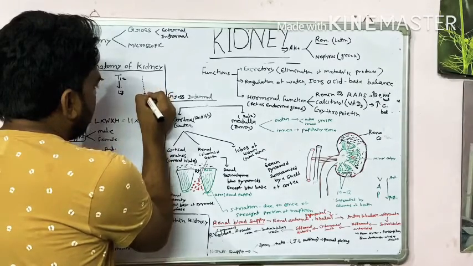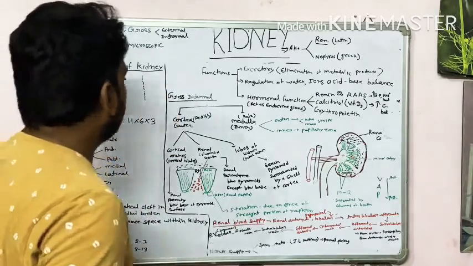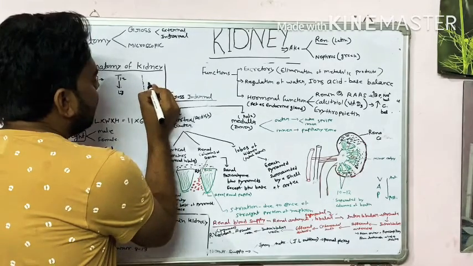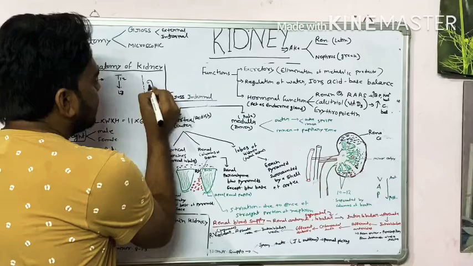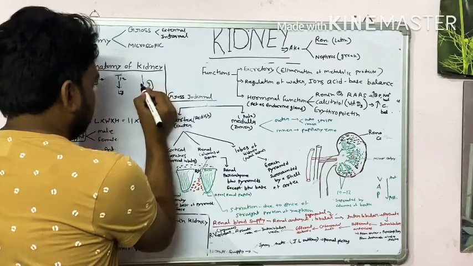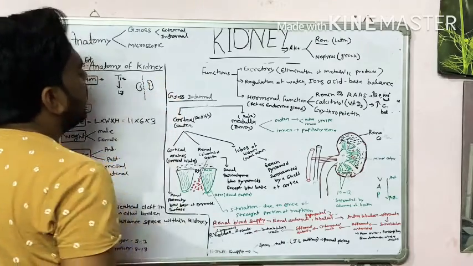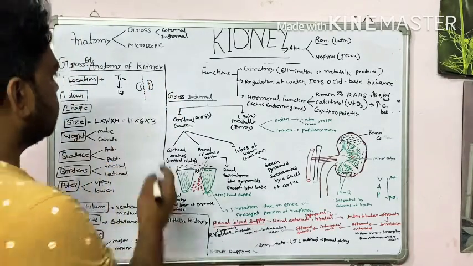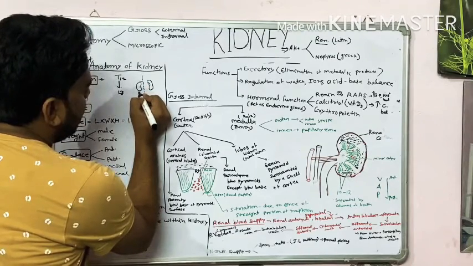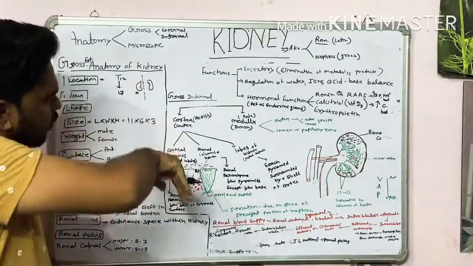Suppose this is the midline, the vertebral column. The kidney is arranged medially and laterally like this, running medially downward and laterally.